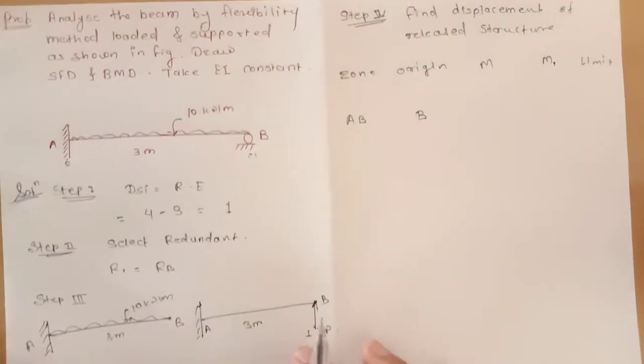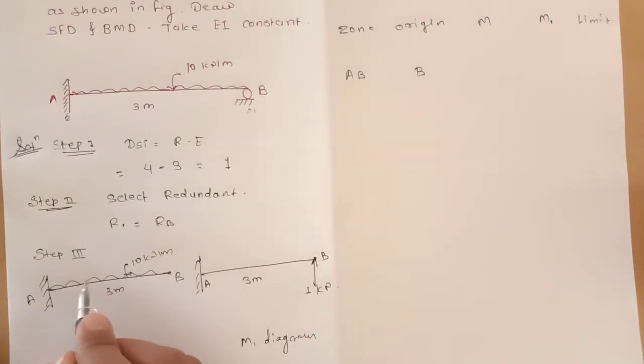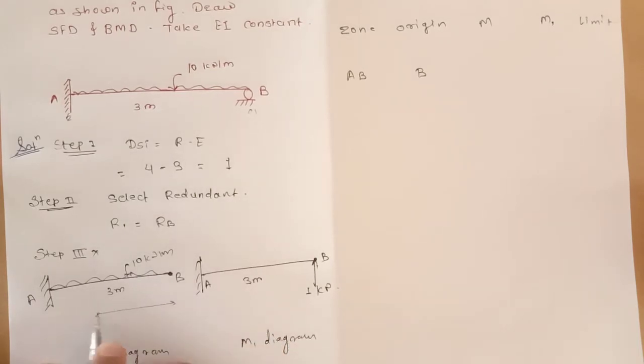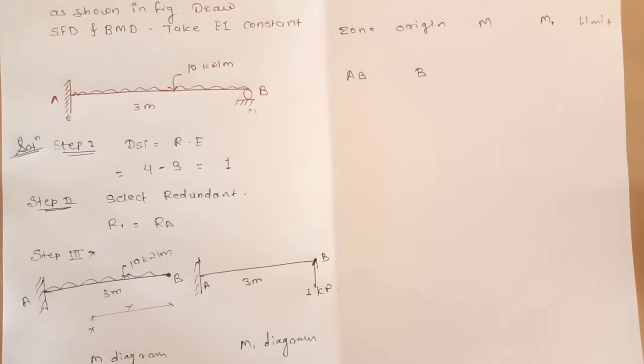Then in the M diagram we take the x axis. Our origin is B. From the origin to the axis the total distance is x meters. Then take the moment at this x axis.